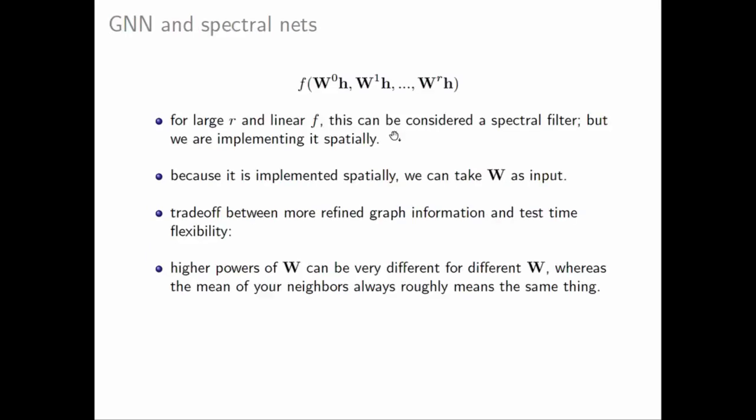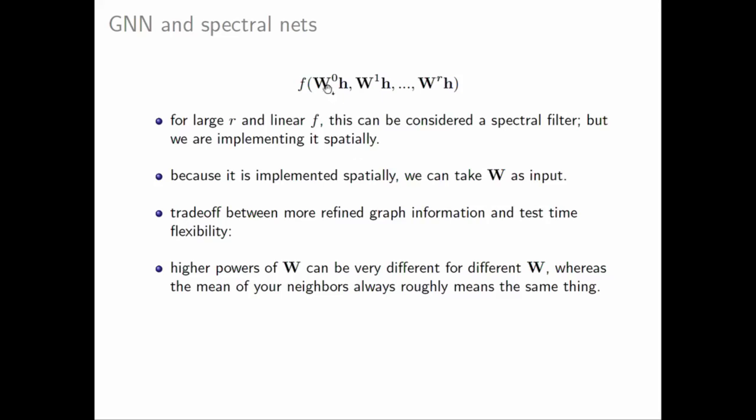Okay, there's one thing I want to say about that. Because this is implemented spatially, we can take the graph as an input. But actually, there's a bit of a lie, and there has to be, because the videos they showed you before said you can't actually take a graph as an input because the thing is not stable with respect to perturbations of the graph.